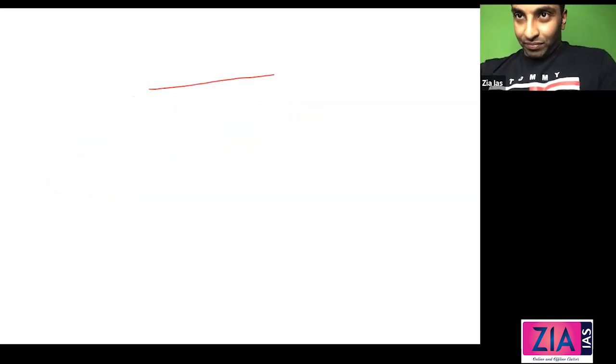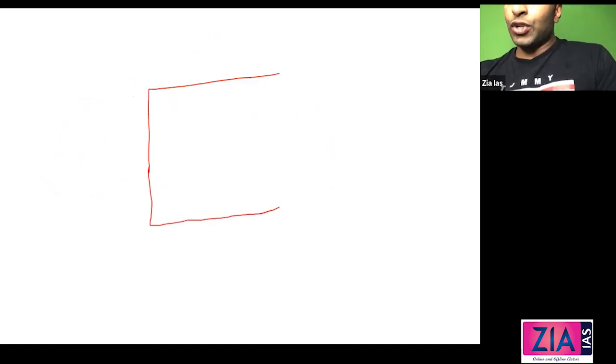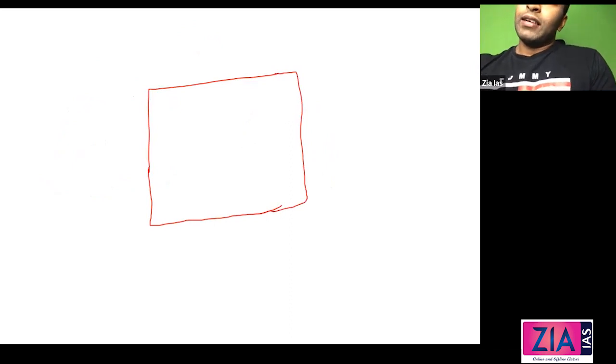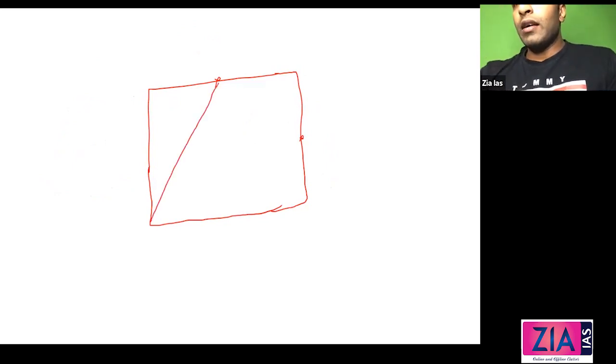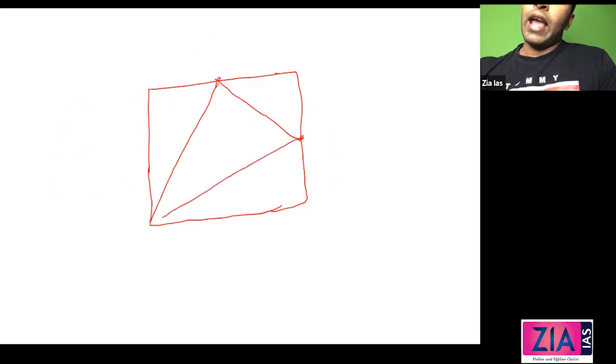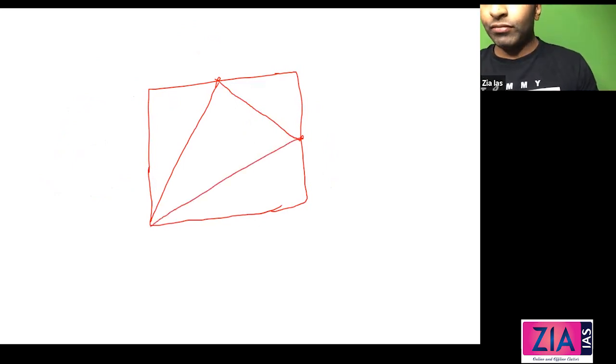Similarly, you will get this kind of questions. Let's take a square. Guys, these are interesting patterns. There's a square, and there's a midpoint on each side. I just join this end to the midpoint, and these two midpoints towards this end. Now I'm going to shade this region.